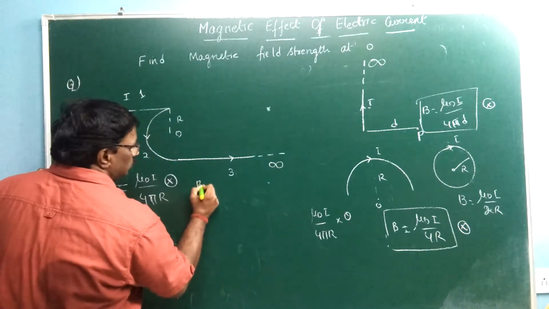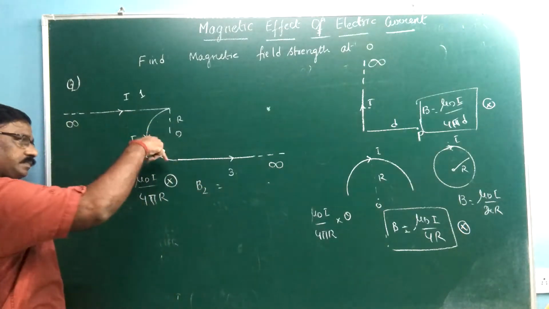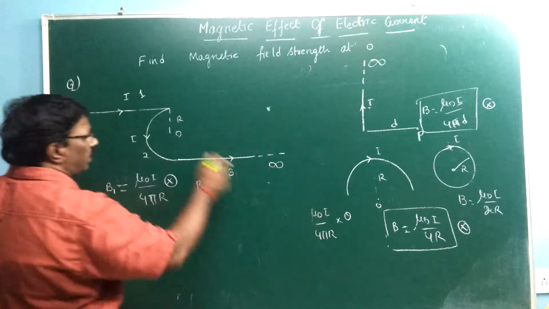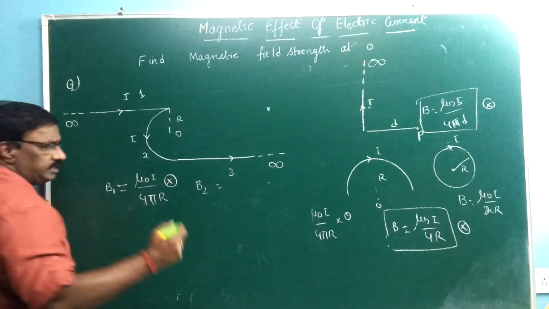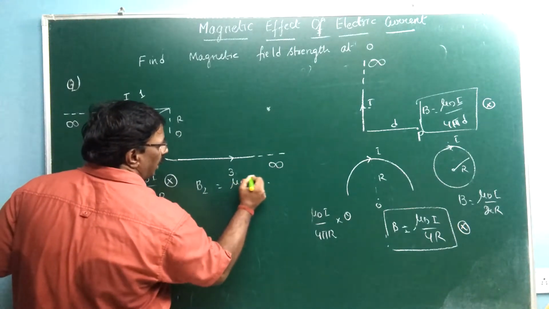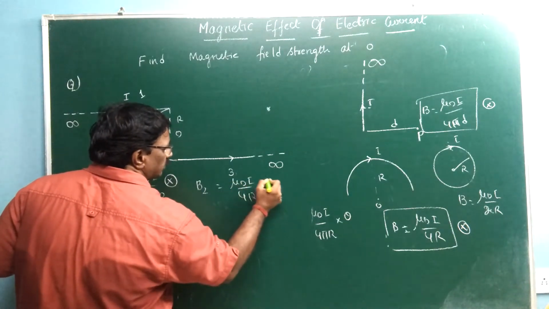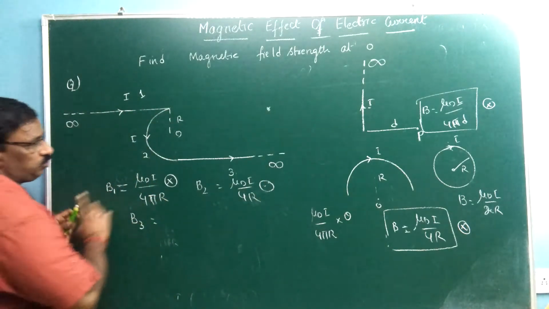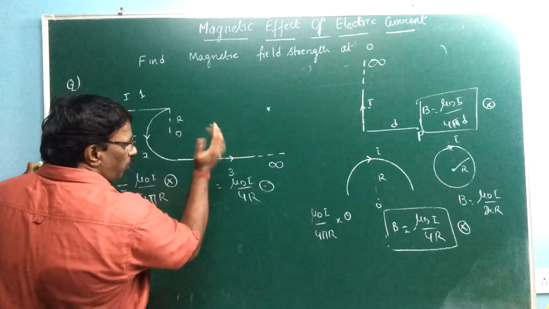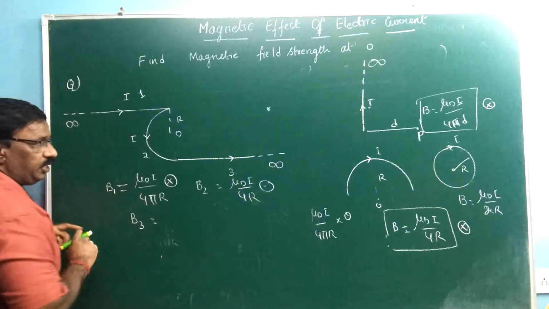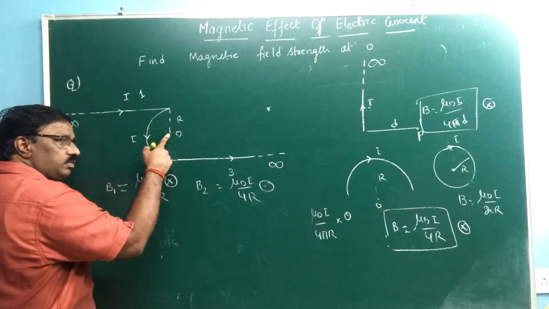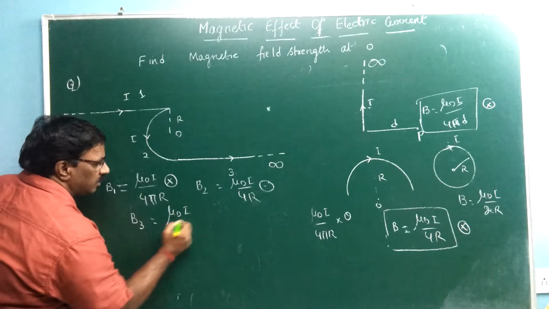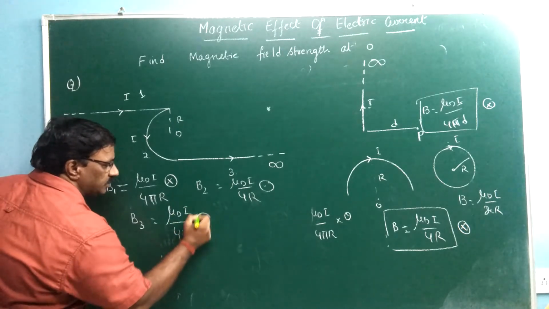Coming to B2, it is a semicircular coil, and we already know the formula mu naught I by 4r. It is anti-clockwise, anti-clockwise means field is out, so mu naught I by 4r, and the field is out. Coming to B3, above it is out and below it is into, but we require the point O which is above the wire, so the field is mu naught I by 4 pi r, and the direction is out.